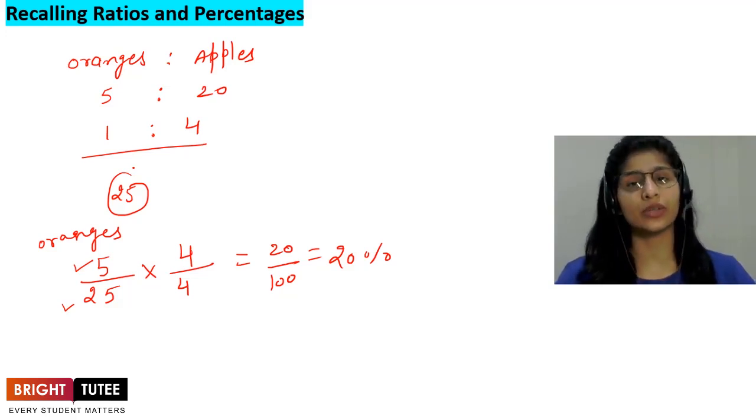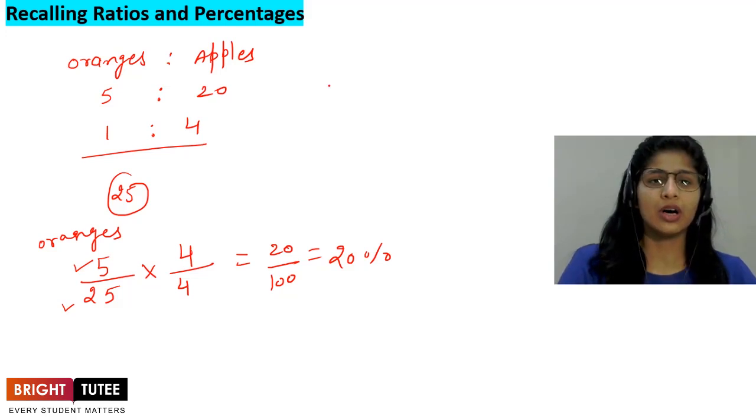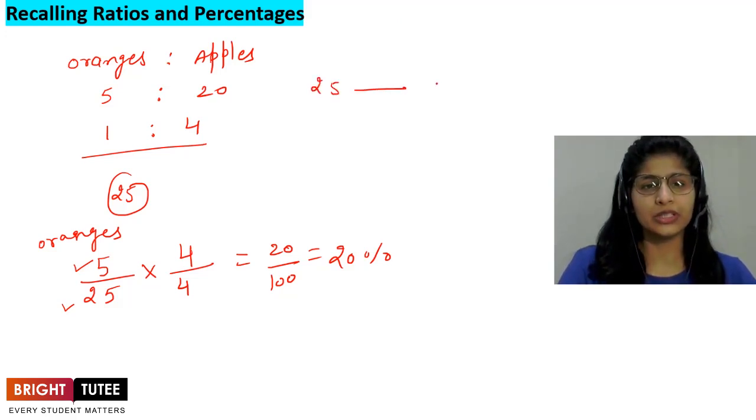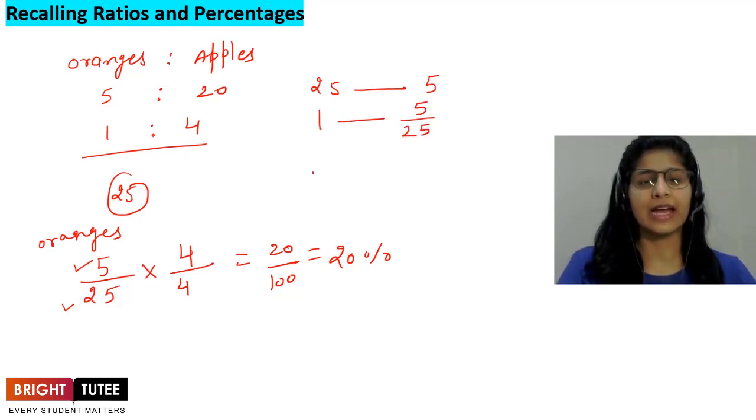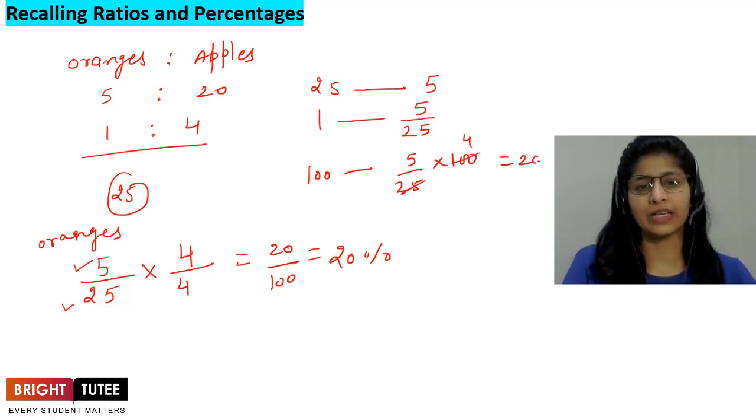That is one way to find it. Another way is to use the unitary method. We know out of 25 fruits, the number of oranges is 5. Out of one fruit, it will be 5 upon 25, and out of 100 fruits, it will be 5 upon 25 into 100, right? When we cancel it, we get 20.